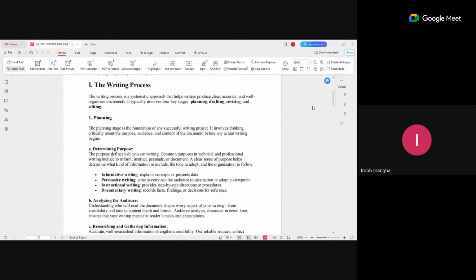Anyone here? Okay, Rukayat, your hands are up. You don't know how to make use of Microsoft Word. Yeah, yes, I'm not really familiar with it. I mostly use WPS if I want to type out documents.